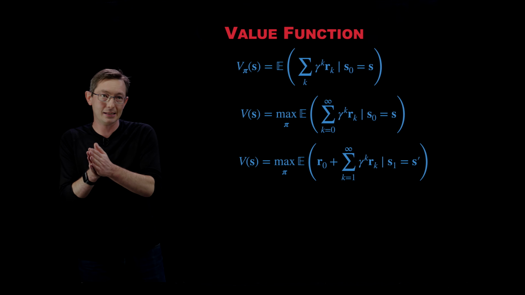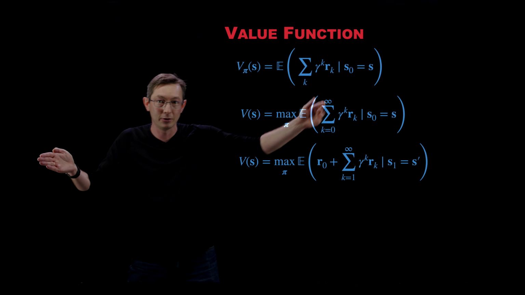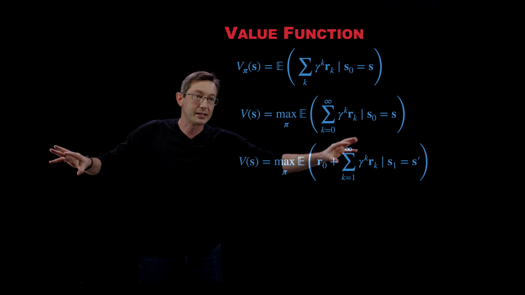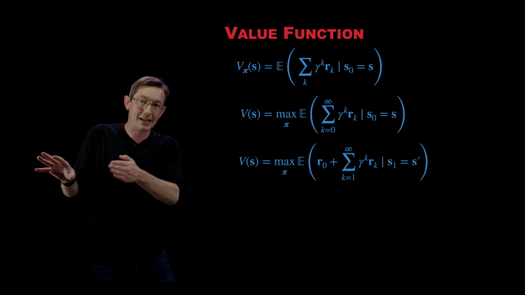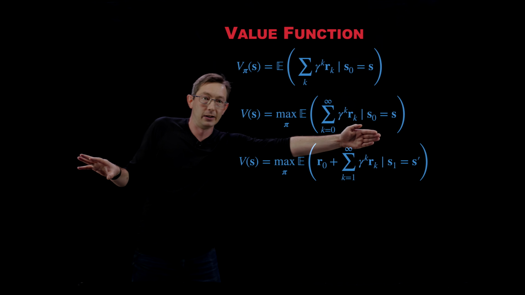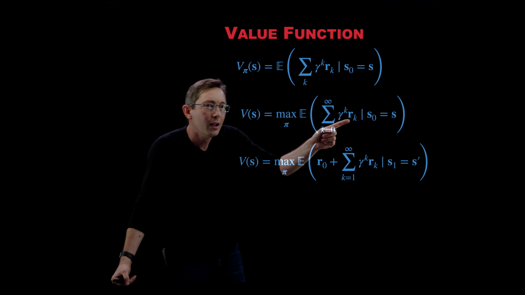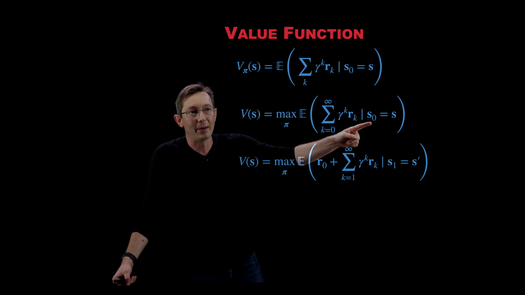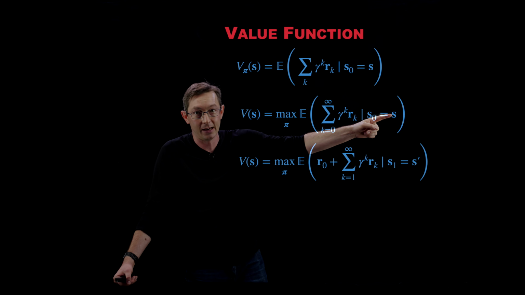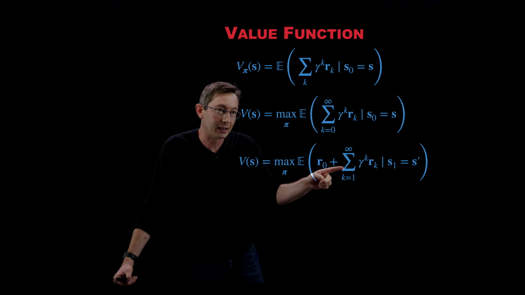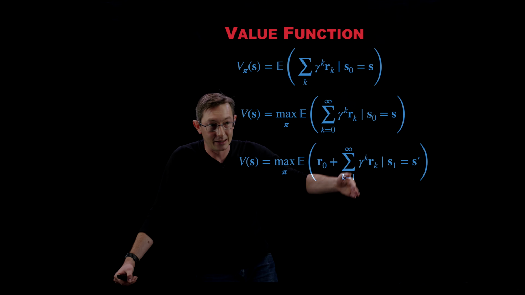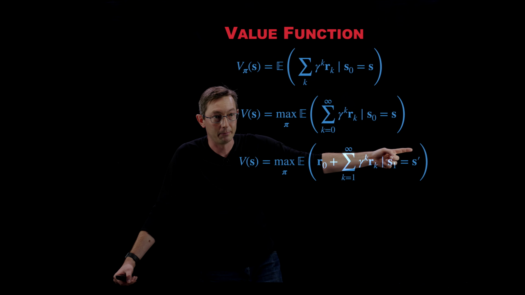So I take my sum of all of my rewards at time now to infinity, and I break that up into my reward now, plus the sum of all of the rewards at the next state to infinity. So now, this is the reward given that my current state at time now is S. This is my reward given that my next state, S1, at the next time step is S prime.